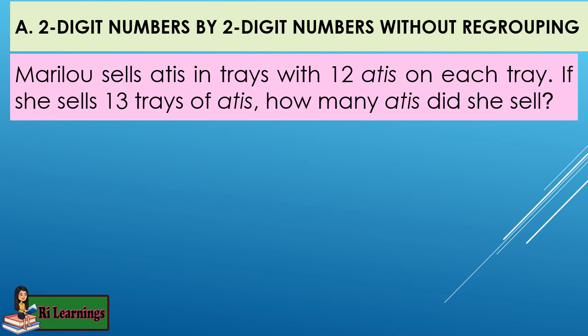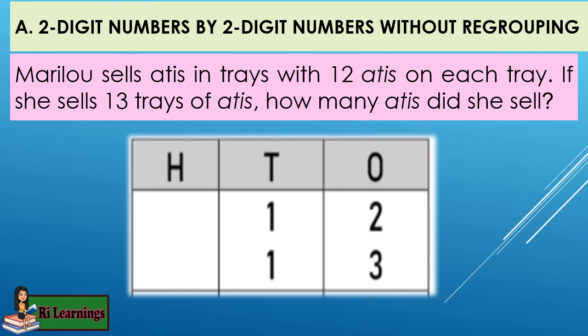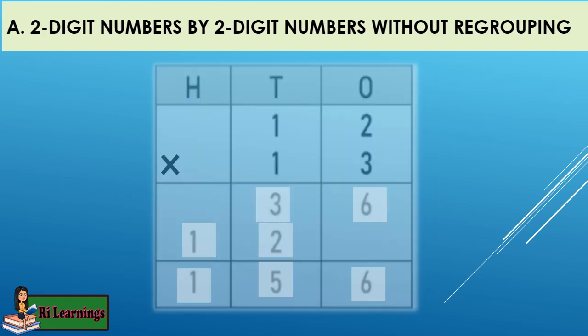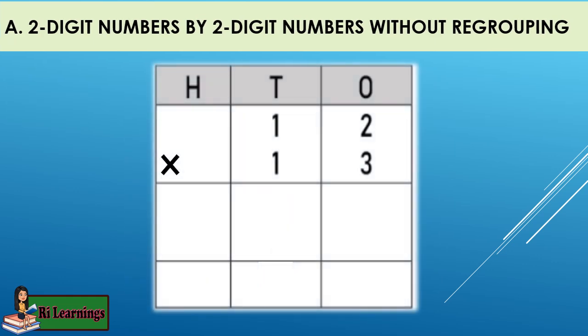Step 1. Write the factors vertically. Step 2. Multiply the multiplicand by the ones in the multiplier. Regroup if necessary. Write the product with its rightmost digit aligned in the ones column.